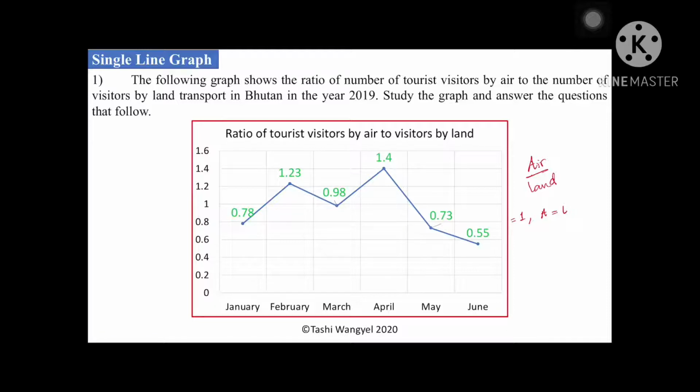If the value is greater than 1, the numerator is greater than the denominator, therefore visitors by air is more than visitors by land. If the value is less than 1, the numerator is less than the denominator, so number of visitors by air is less than number of visitors by land.